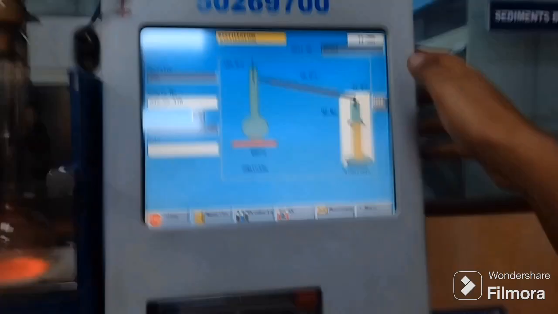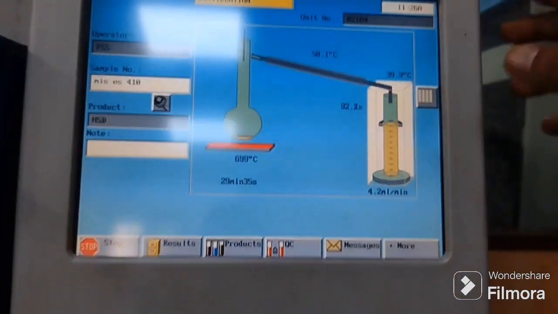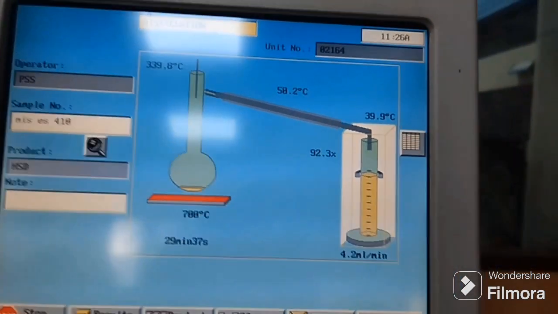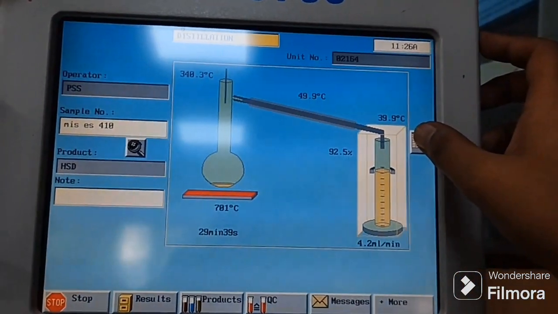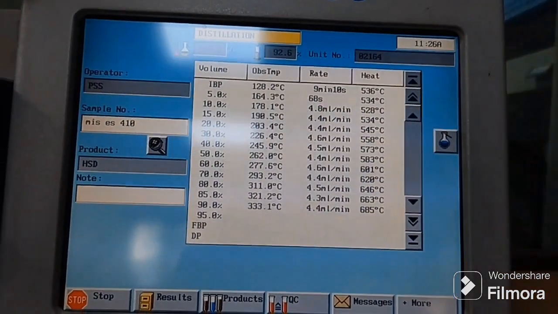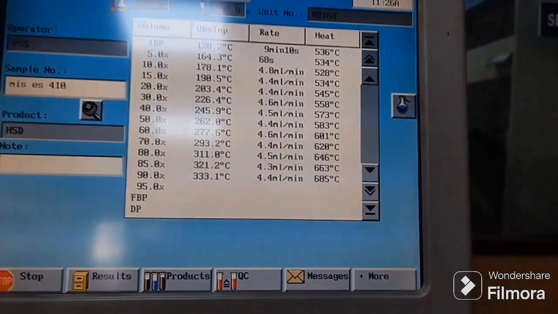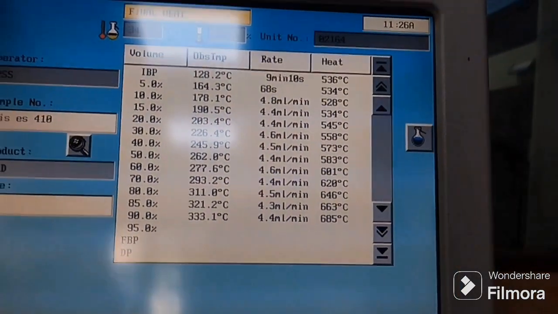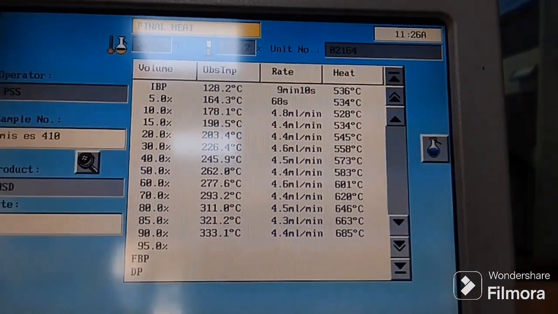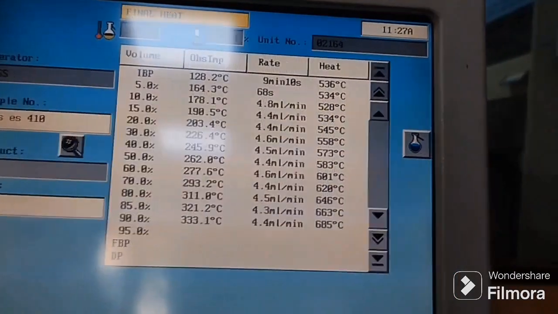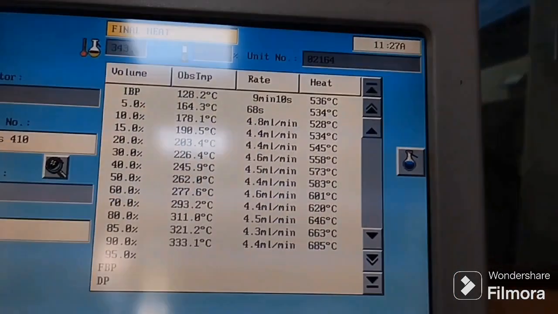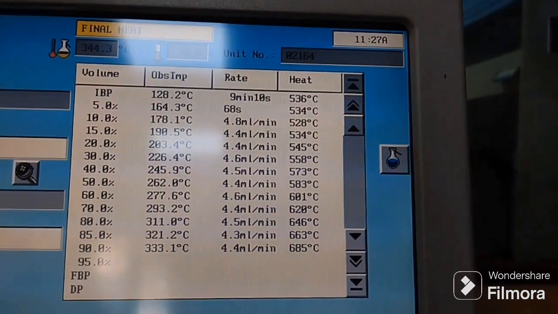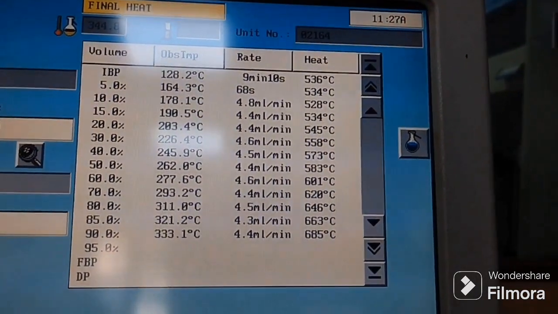So you can visualize the whole thing. Now there is an option where you can see the status of the reading. Currently 90% has been recovered after condensation, and the temperature of the vapor when 90% of the liquid was recovered inside the distillation flask was 333.1 degrees Celsius.